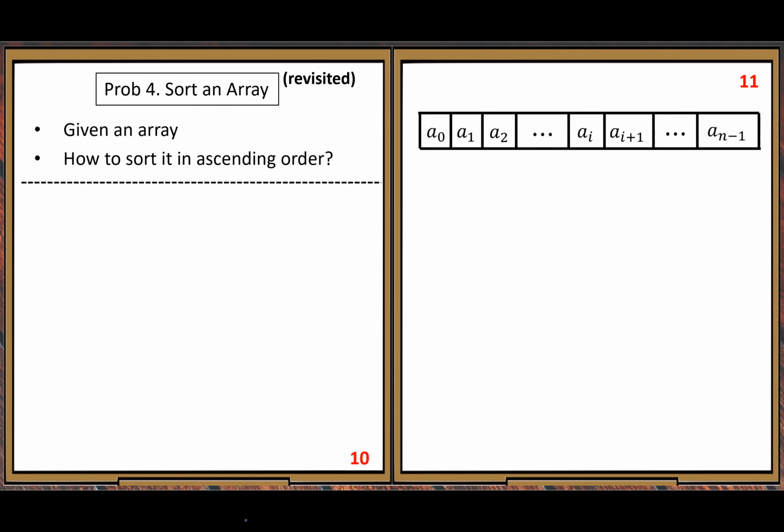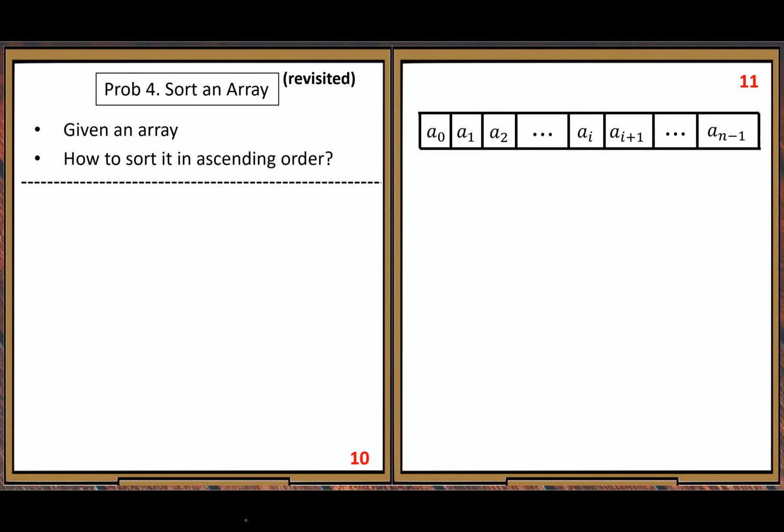Let's look at this diagram first. This is a given array. In order to sort this array, we consider the order information: ascending order, descending order. Our goal is the ascending order.